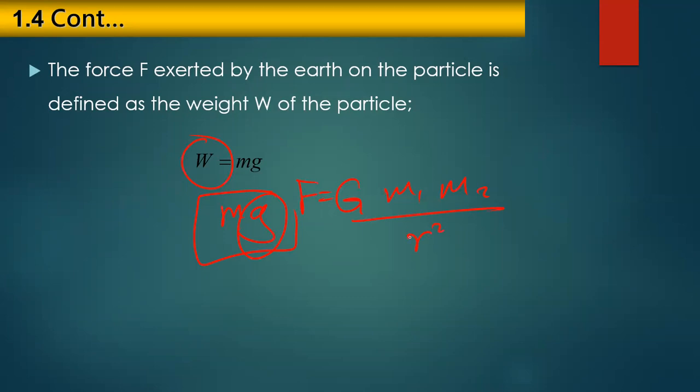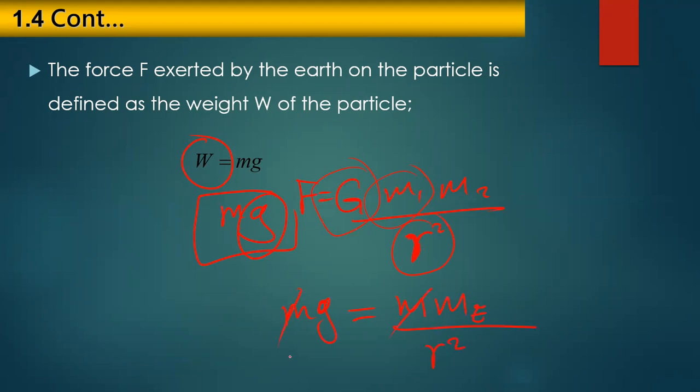So this R is simply the radius of the Earth. You get the radius of the Earth and put it there. Then M1, you get the mass of the Earth, it's also a constant. And this G is also a constant. But where there's F, we're going to put mg. So mg is equal to G times m, the mass of the object on Earth, times the mass of the Earth, over the radius of the Earth squared.